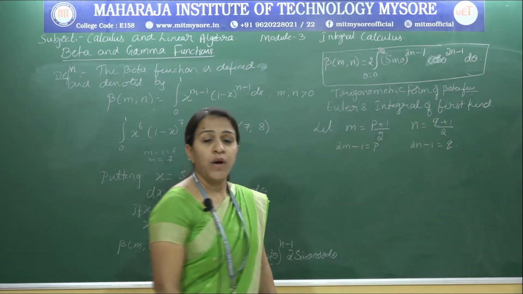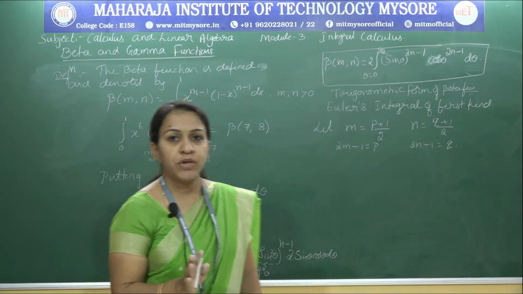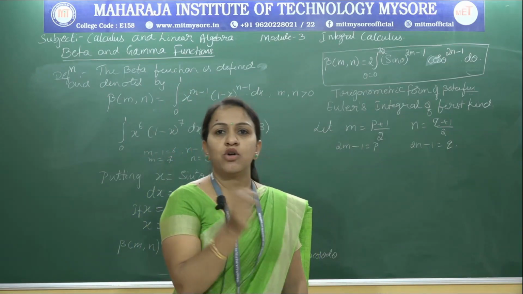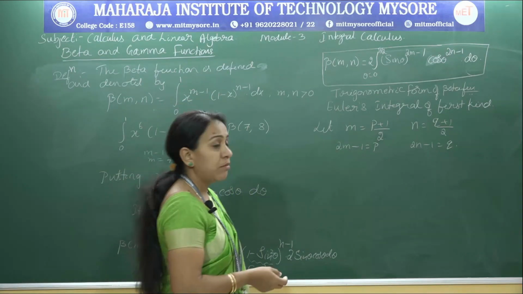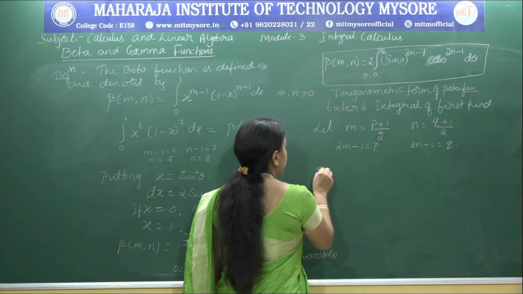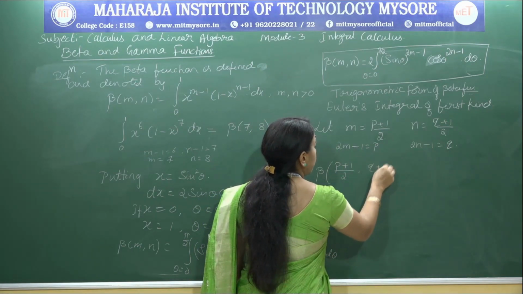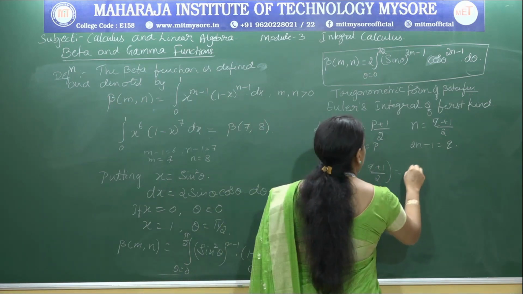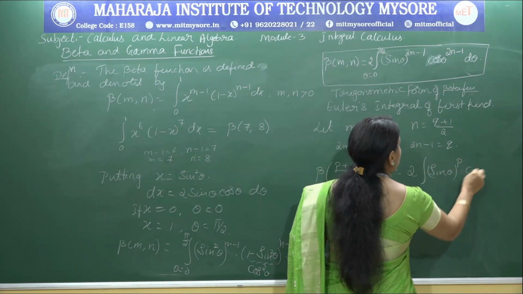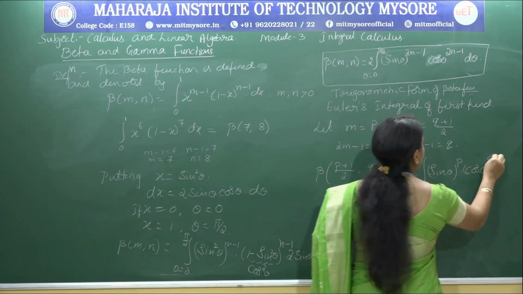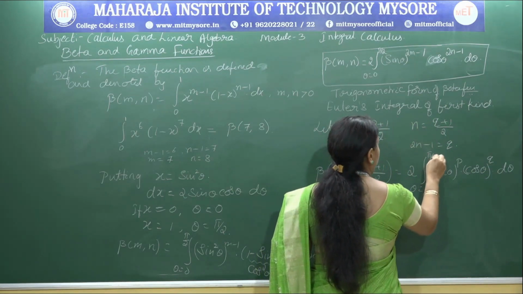Wherever you have m, of course I am not replacing a variable, I am not disturbing the theta, just replacing the constants m and n. So if I replace m by p plus 1 by 2 and n by q plus 1 by 2, the beta function reduces to beta of p plus 1 by 2 comma q plus 1 by 2 is 2 times the integral of sin theta to the power of p into cos theta to the power of q d theta, where theta varies from 0 to pi by 2.